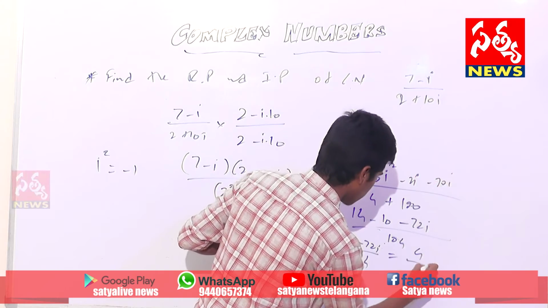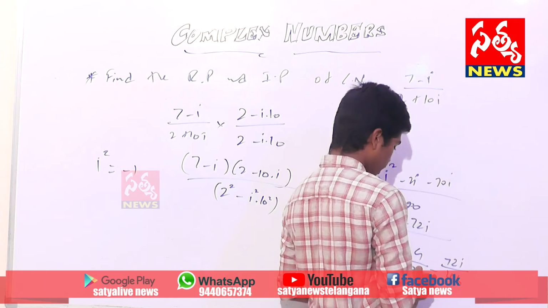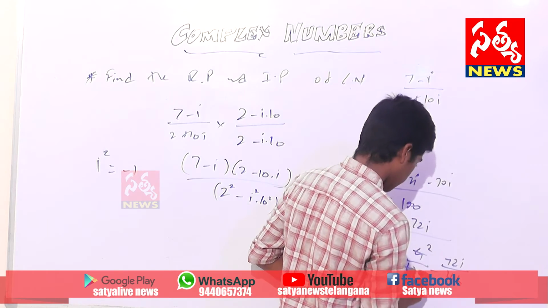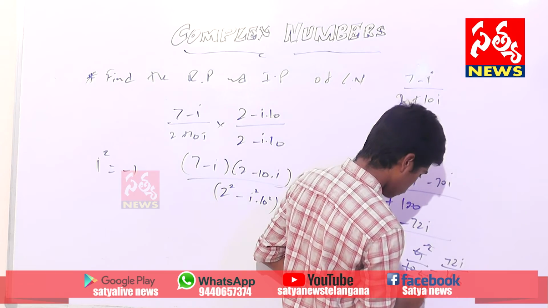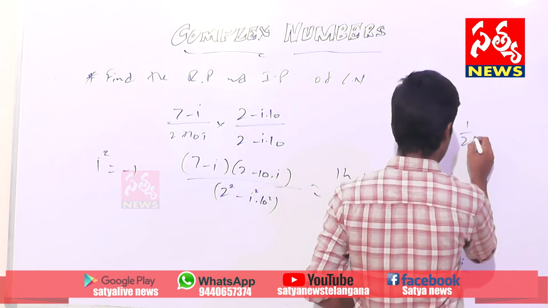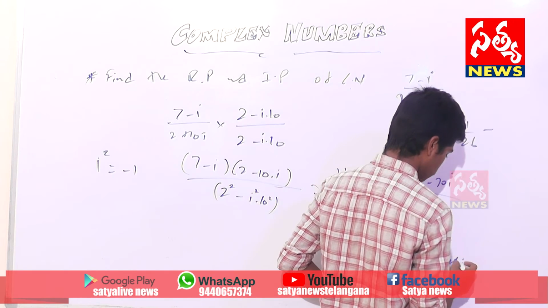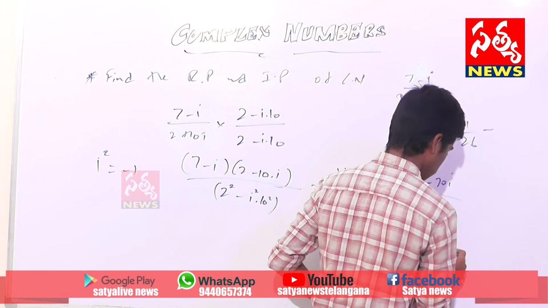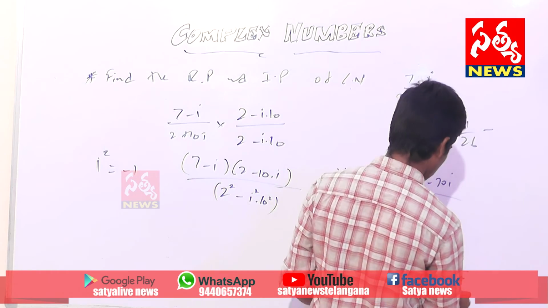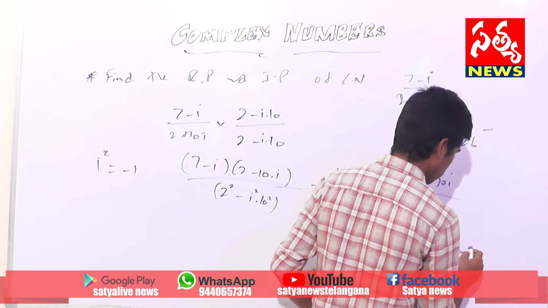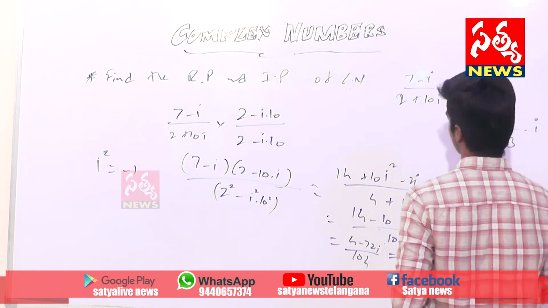Now split the denominator: 4 minus 72i by 104. We get cancellations here: 4 twenty-sixes are 104, so 1 by 26, minus, and here 8 times 9 is 72, 4 twenty-sixes, 2 nines are 18, 9 by 13 into i.